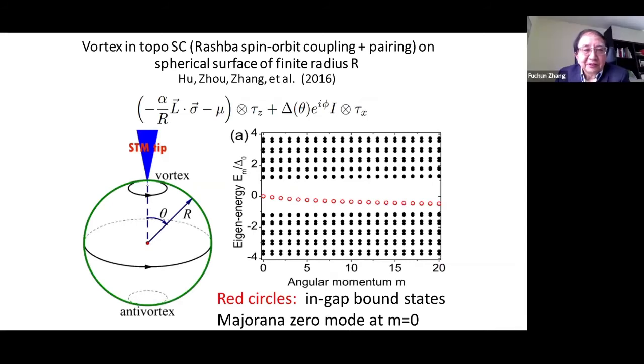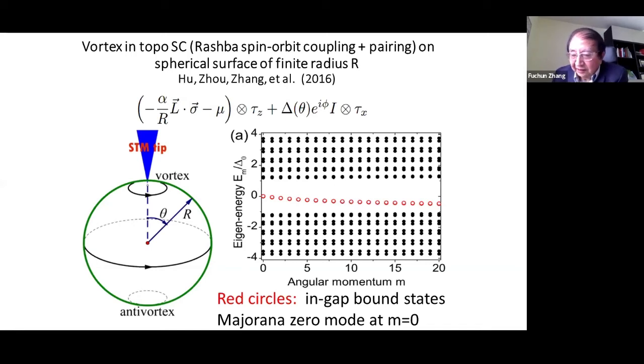We want to study vortex in a topological superconductor, and that is related to the surface of a topological insulator, which is described by a helical metal, or just like the Rashba spin-orbit coupling plus pairing.